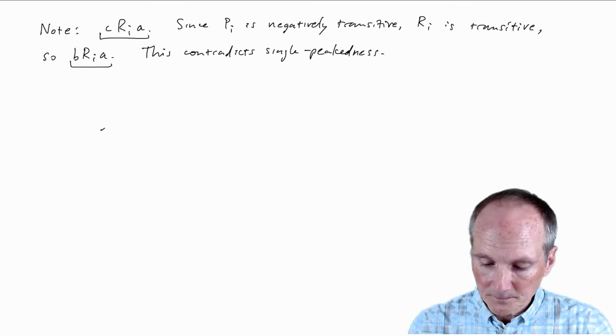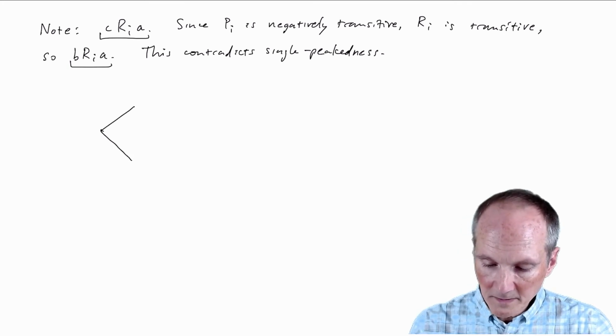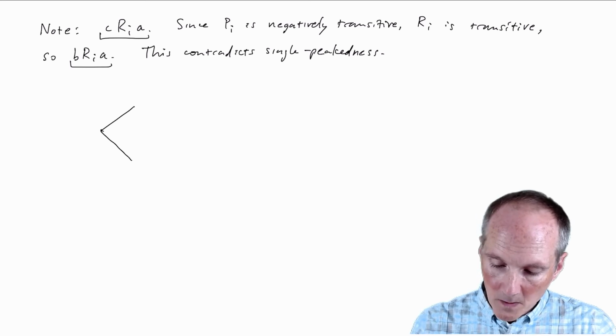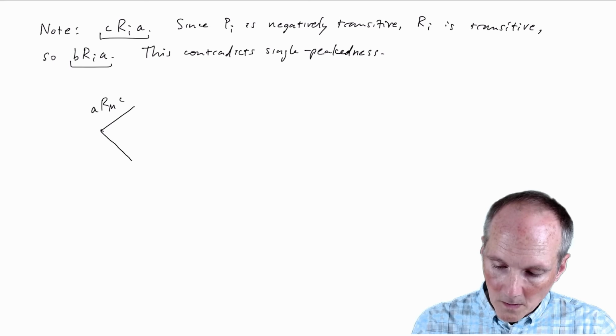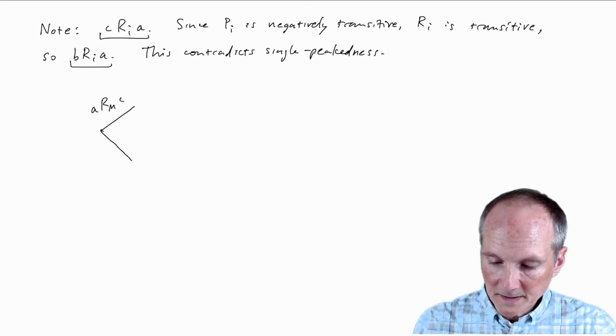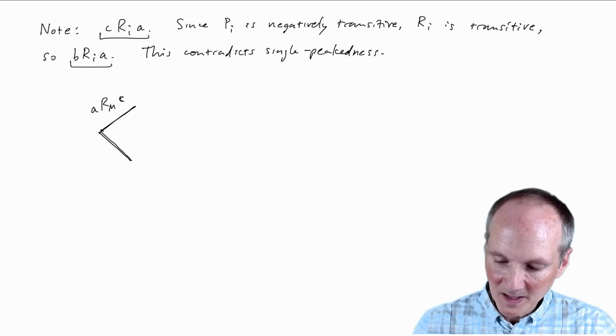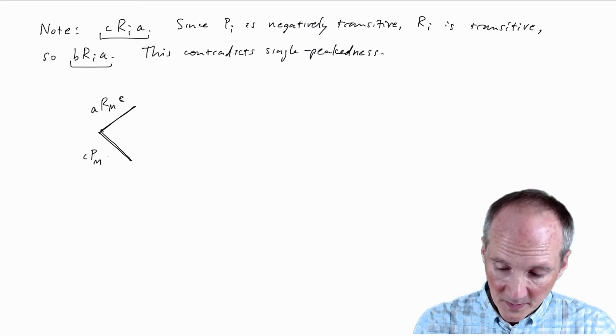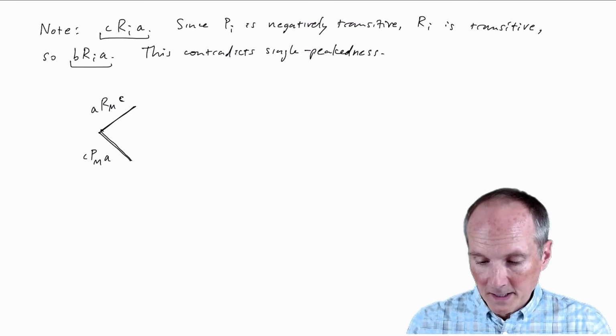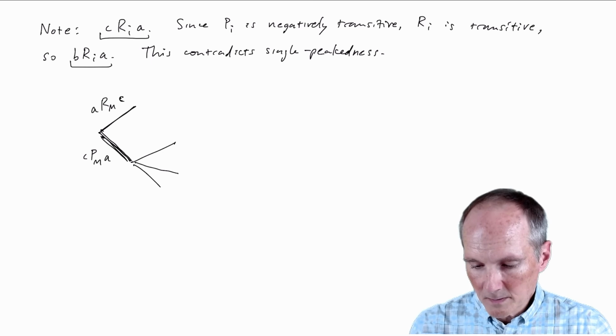So here's what we've done. We've looked at the 2 possibilities. A is weakly majority preferred to C, or C is strictly majority preferred to A. We followed this bottom branch and we said, well, there's these 3 possibilities.